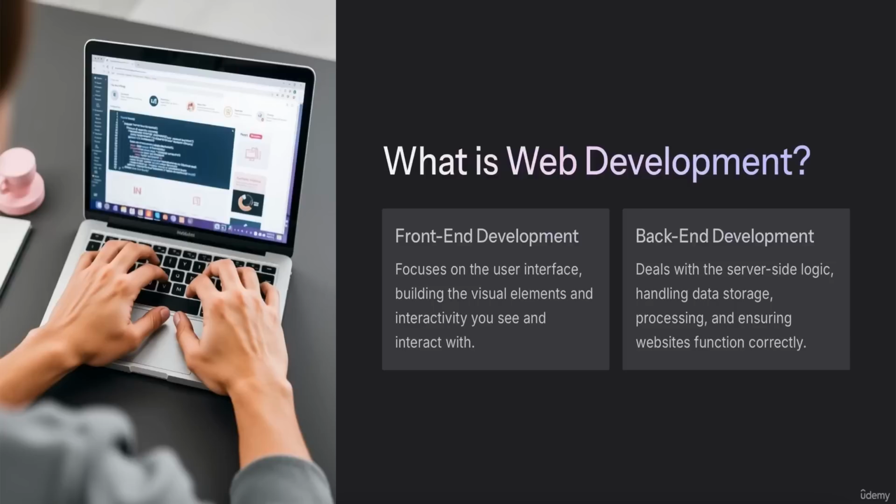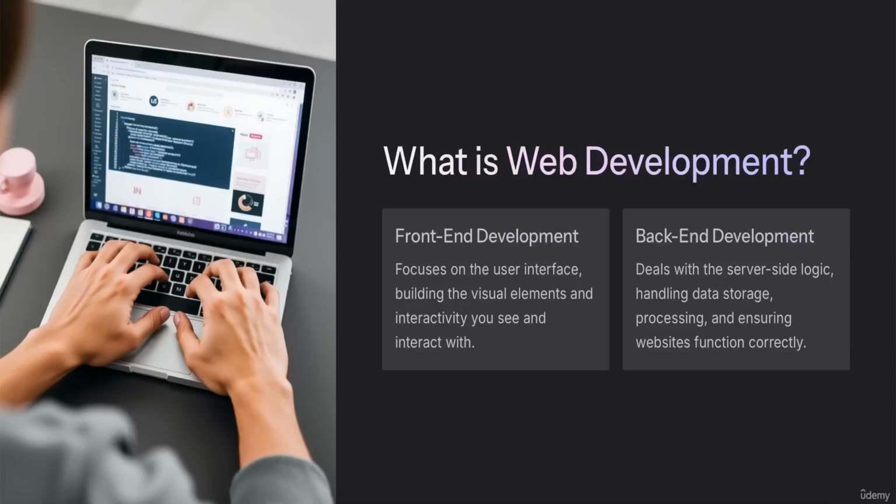Let's start with front-end development. The front end is what users see and interact with on a website. This includes everything from the text, images, buttons, forms, and menus. In this course, we'll focus on front-end development, working with technologies like HTML, CSS, and JavaScript to create attractive and interactive web pages.